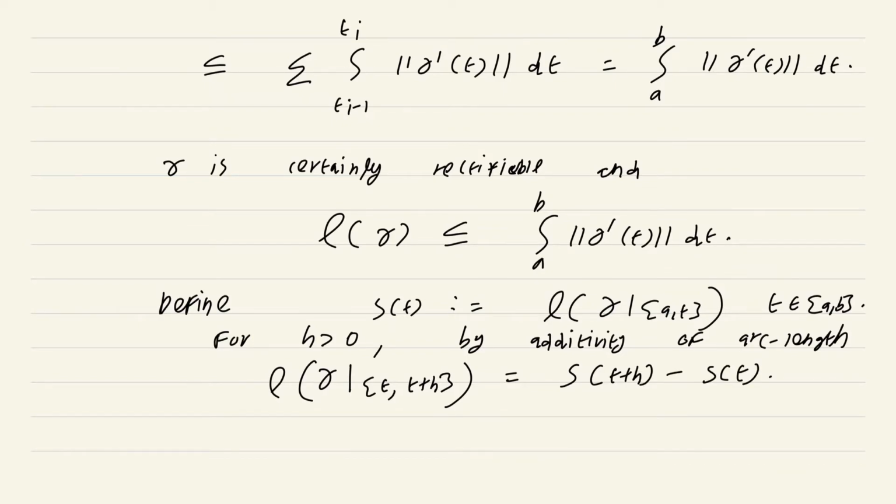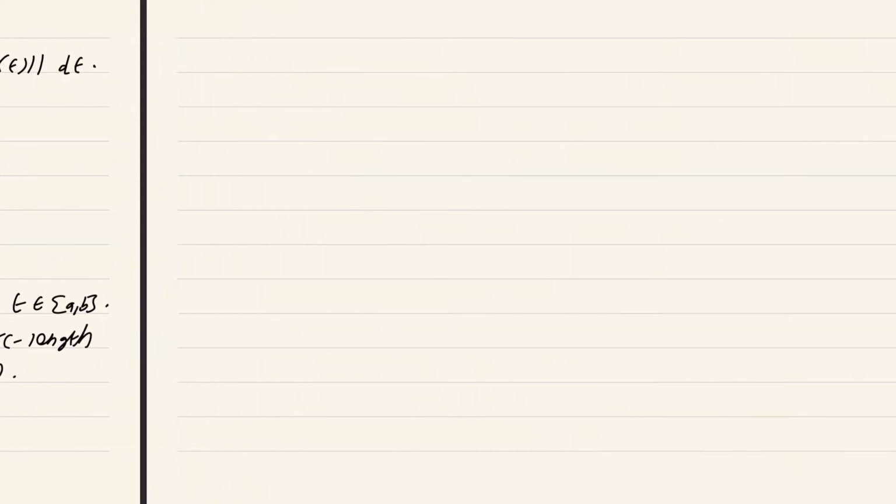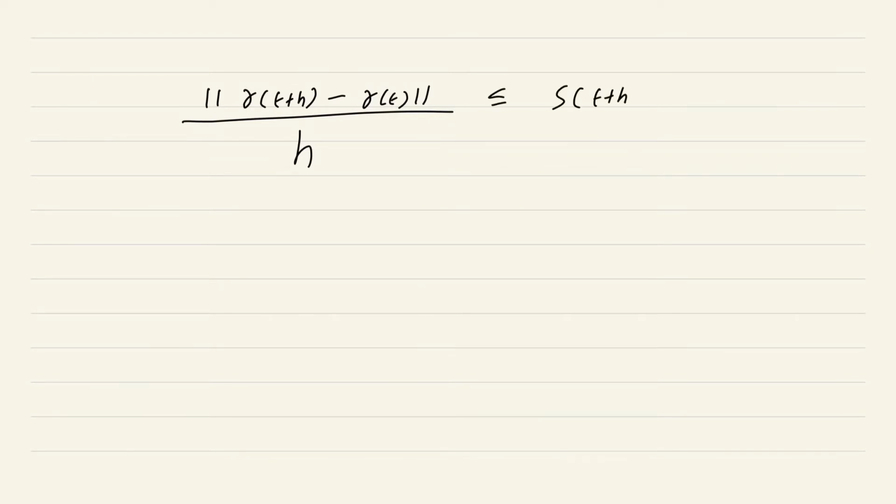I've just used the additivity of arc length and shuffled around the terms. Once I have this, I can take the difference quotient, the Newton quotient, and see what happens. Look at norm of gamma of t+h minus gamma of t, divided by h. This is less than or equal to s of t+h minus s of t, divided by h.